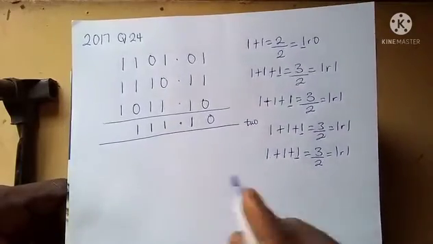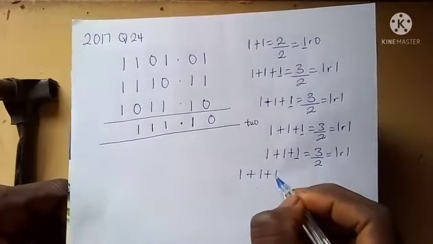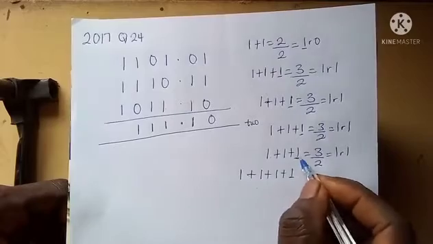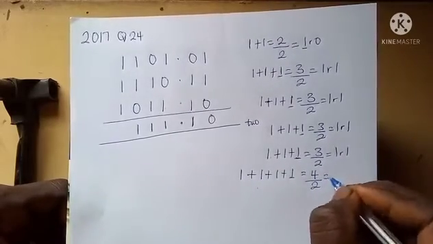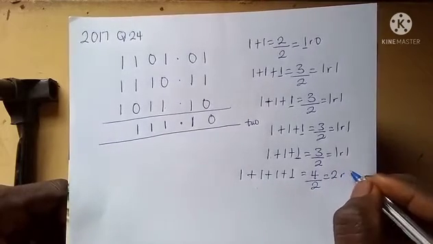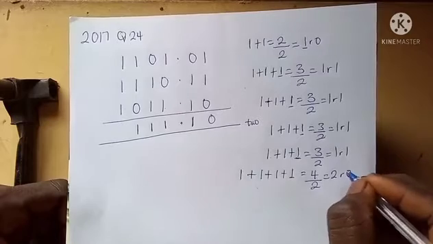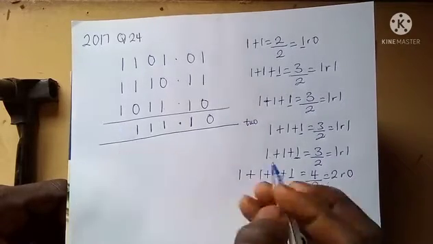Then now we are having 1 plus 1 plus 1 plus 1. That's equal to 4 divided by 2, which is equal to 2 remainder of 0. So you are going to write 0.